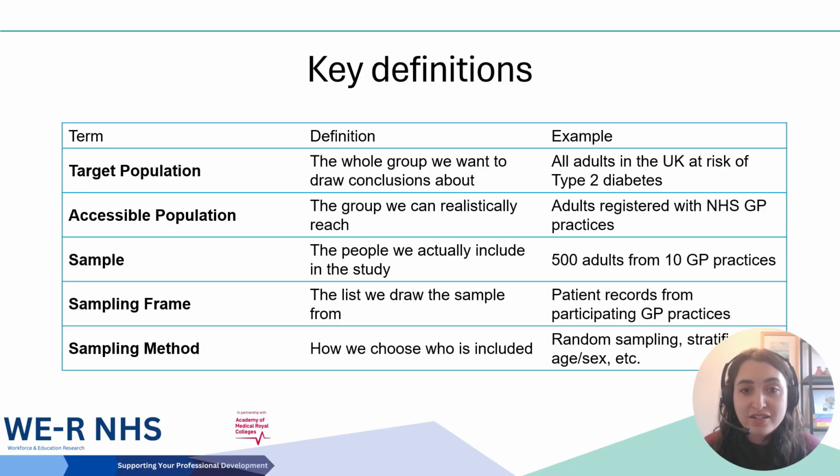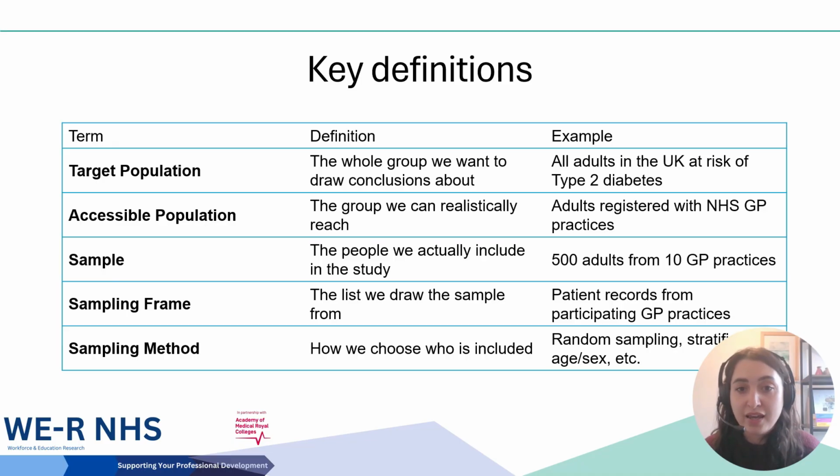However, as mentioned, it's not feasible to look at your whole target population, and it might not even be that everyone within this population is accessible to you to include in research. Therefore, your accessible population refers to the group that you can realistically reach, so you might be able to include them in a study.